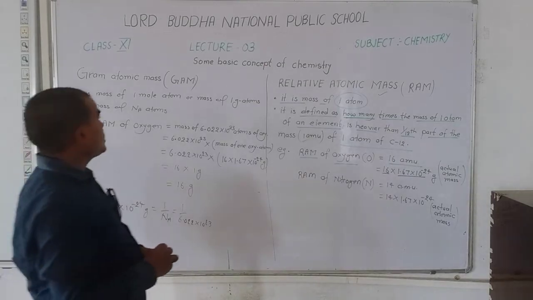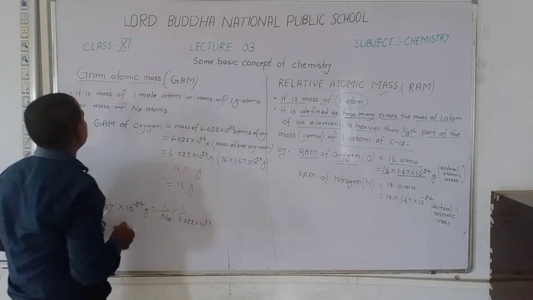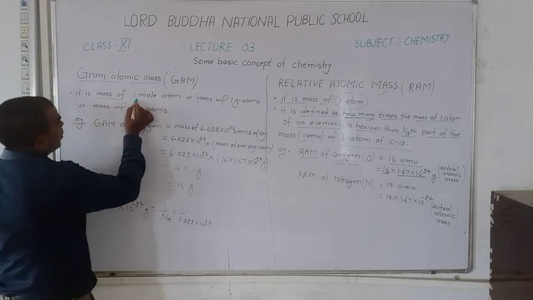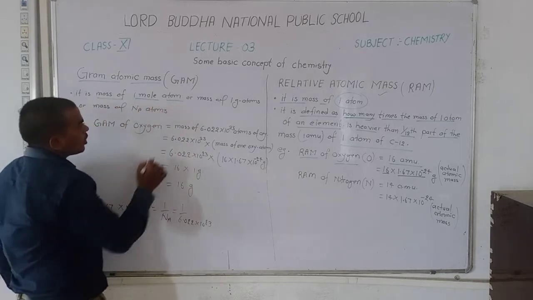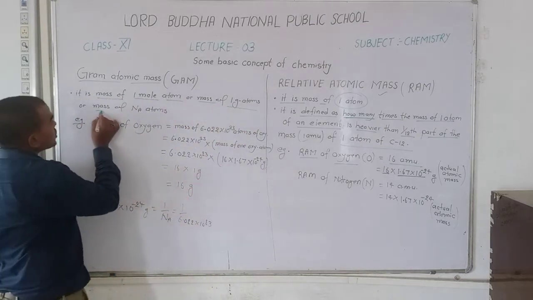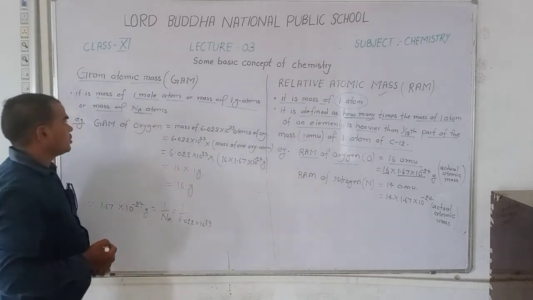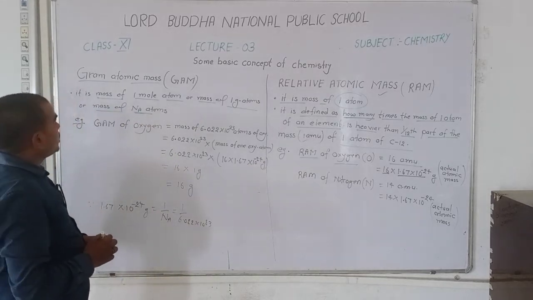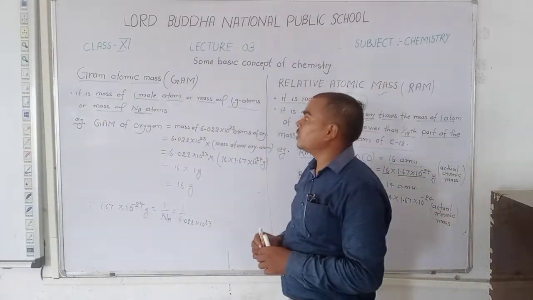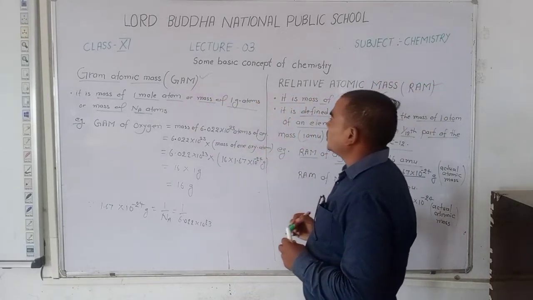Now we discuss gram atomic mass. It is the mass of 1 mole of atoms, or mass of 1 gram atom, or mass of Na atoms, where Na means Avogadro number of atoms. Here is the difference between gram atomic mass and relative atomic mass.